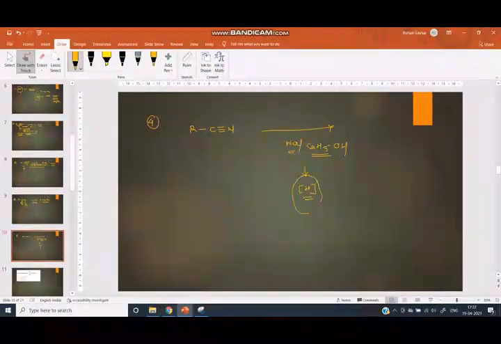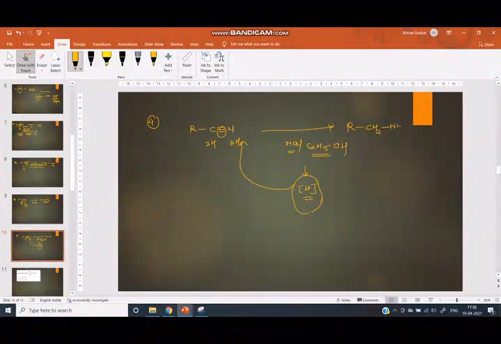Next reaction is, again we use nitriles. We reduce nitrile with the help of sodium in presence of C2H5OH. Here sodium in presence of ethanol gives the hydrogens, nascent hydrogen, and this hydrogen reduces the nitrile. Here 2 hydrogen added, here 2 hydrogen added, and this triple bond is reduced and we get RCH2NH2.